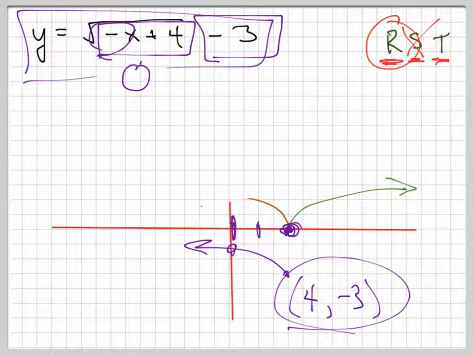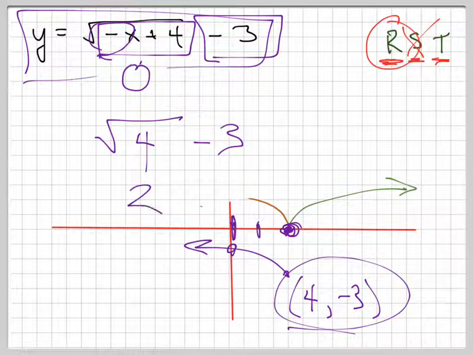Could be positive even, depending on the graph, how steep it is. But when I plug it in, see what happens. I get the square root of 0 plus 4, which is 4, which is 2, minus 3, which is negative 1. And sure enough, that's the point there.